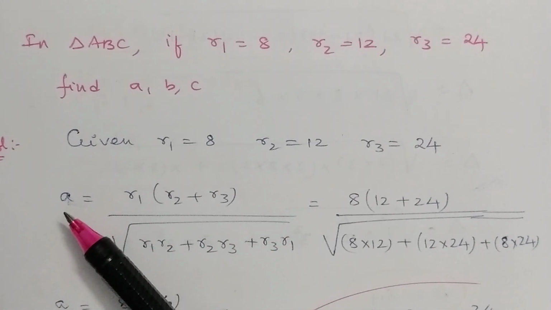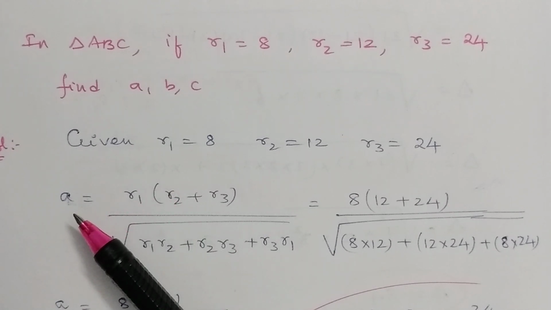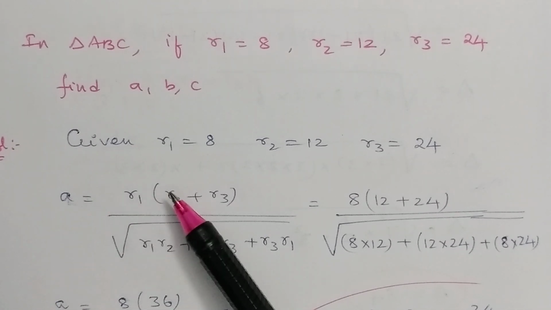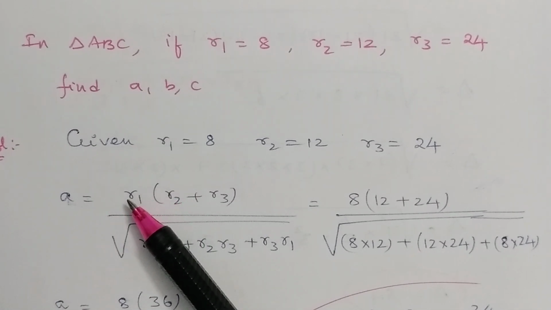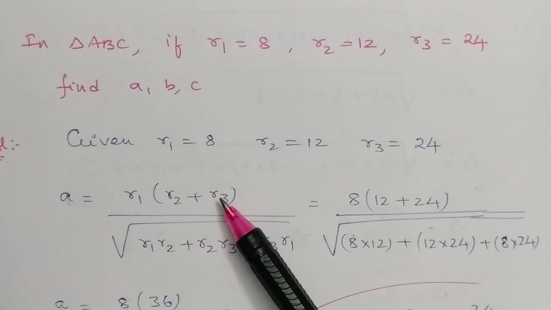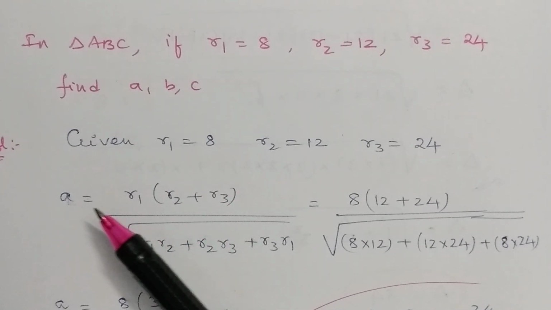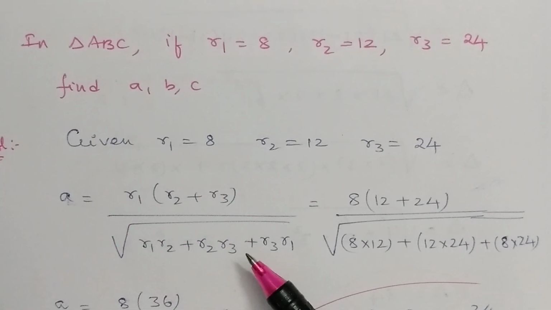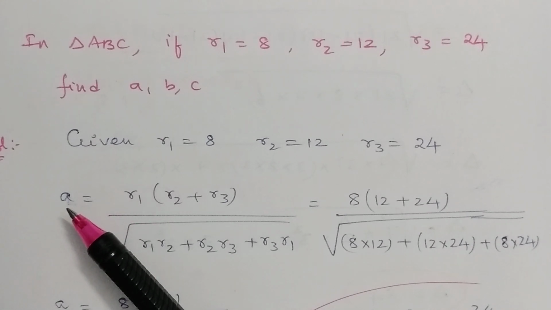While writing the B formula, B stands for 2, so R2 is outside and the remaining R1 and R3 are inside. The denominator will be the same for A, B, C. Hence, I am replacing the values.